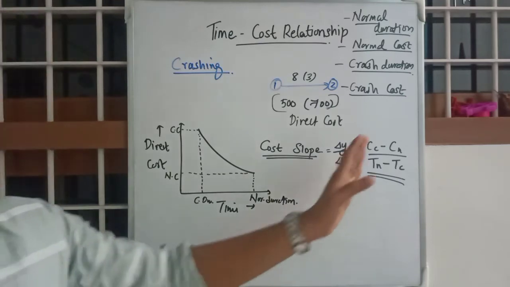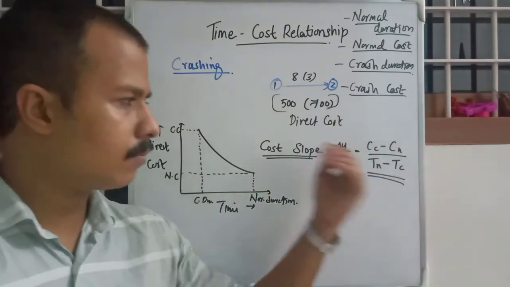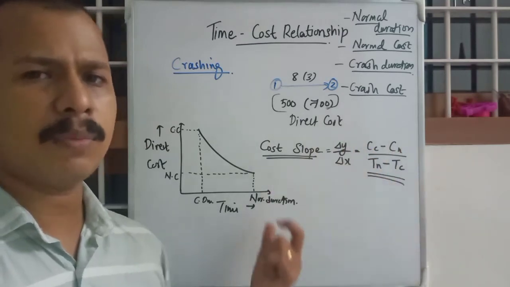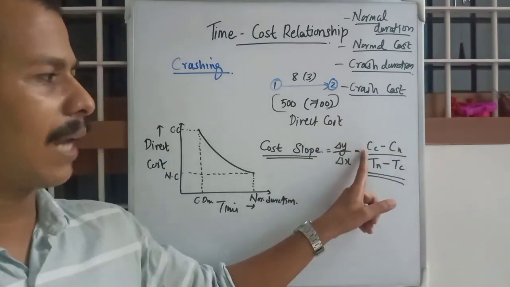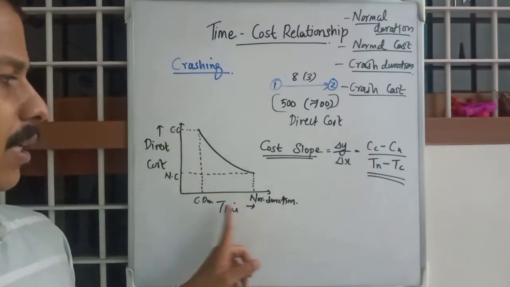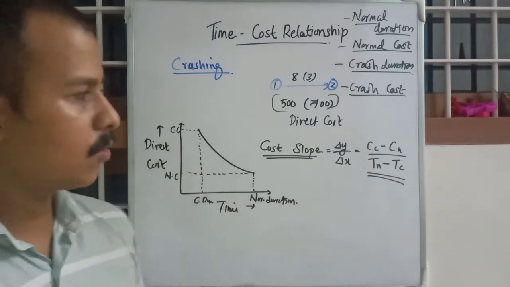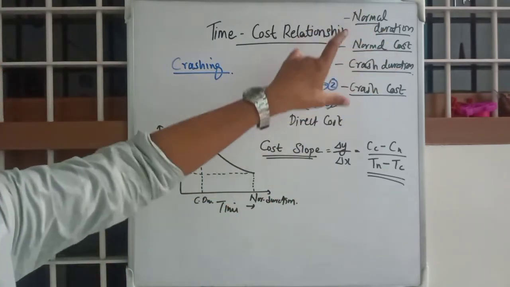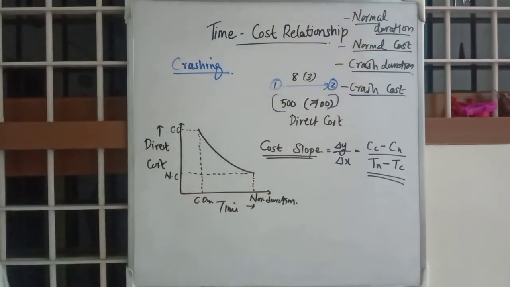Just subtract the smallest one from the biggest one. The biggest one will be crash cost in terms of cost and normal duration in case of time. Okay, so I hope you got the idea. So we have these 4 terms, and cost slope.